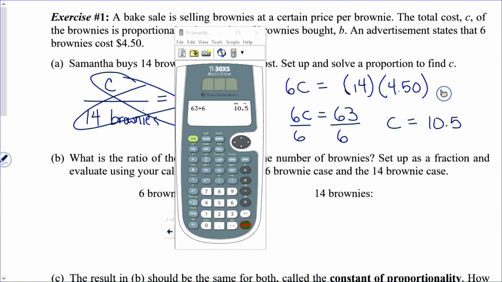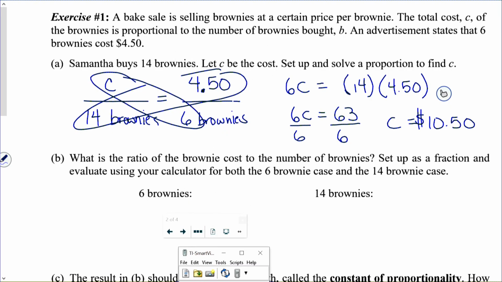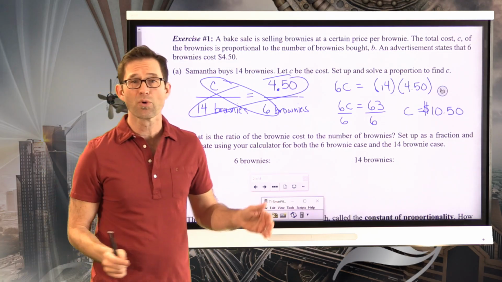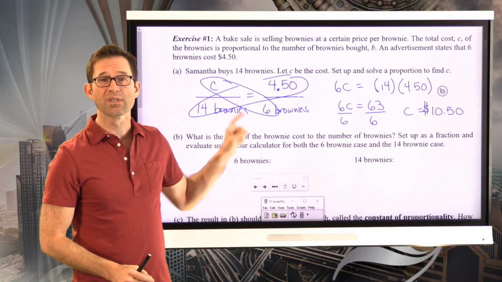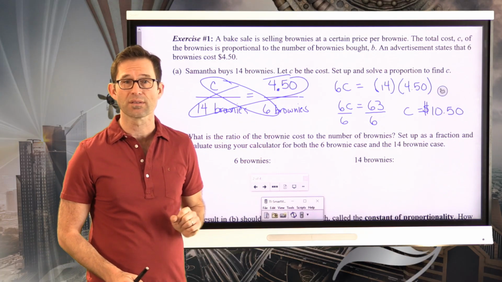Because we're talking about a cost, it's not great to leave it like that. I'm going to write it as $10.50, because that's a little more informative. $10.50 for 14 brownies. Oftentimes teachers will say C is to 14 as 450 is to 6.